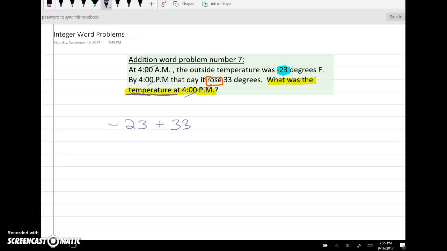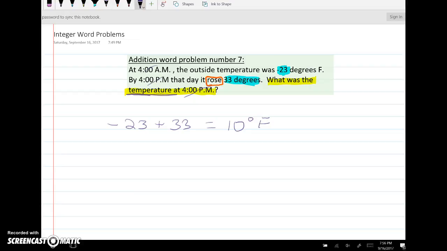It rose 33, so it got higher by 33 degrees. Okay, so we have to add these. Now, if you remember, negative 23 plus positive 33 is going to equal 10 degrees Fahrenheit. We need to have our label, don't forget that.